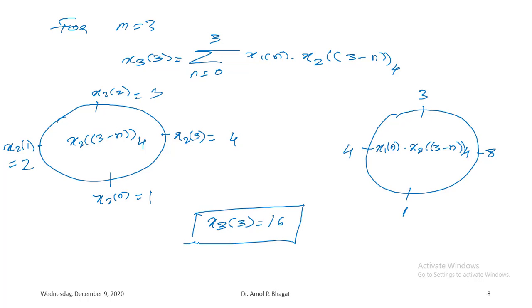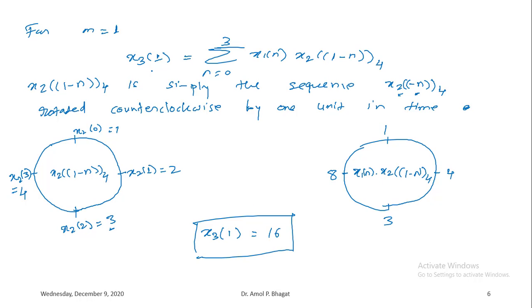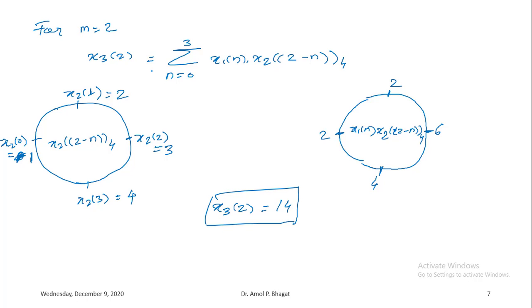So this is how you will perform the circular convolution, and finally you will write the circular convolution of x1 of n and x2 of n is simply x3 of m. So the value of x3 of 0 is 14, x3 of 1 is 16, x3 of 2 is 14, right?